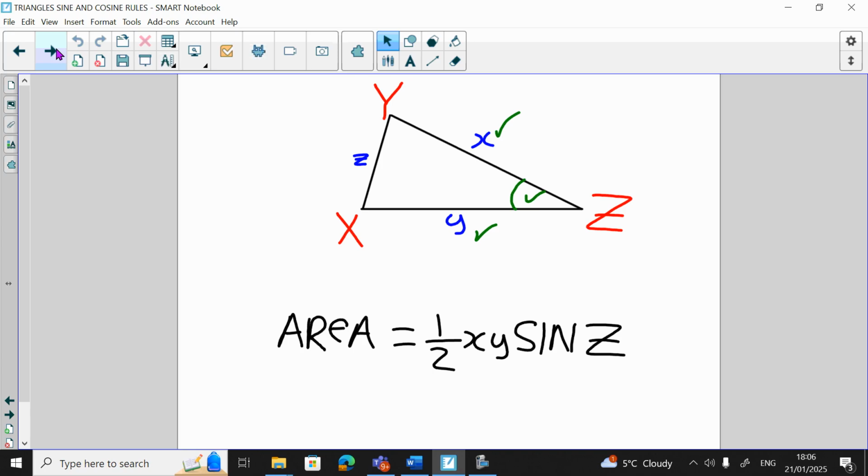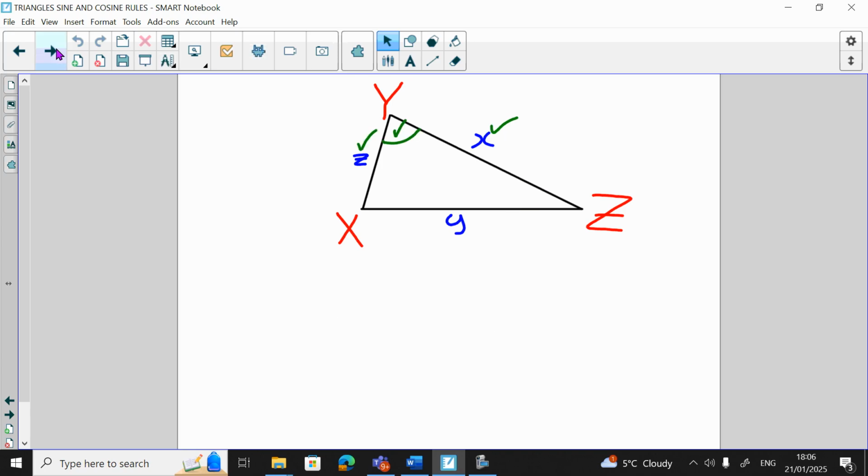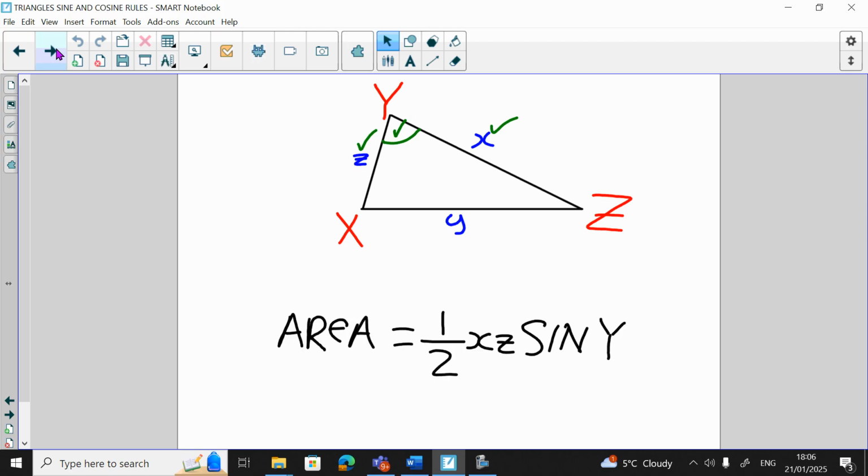Right, okay. This time I've moved it about. So the two letters here for the sides are x and z, or z and x, whatever you want to call them, and the big letter Y for the angle between them. So this time it's going to be half times the product of the two sides, x and z, times the sine of Y, the angle between them.